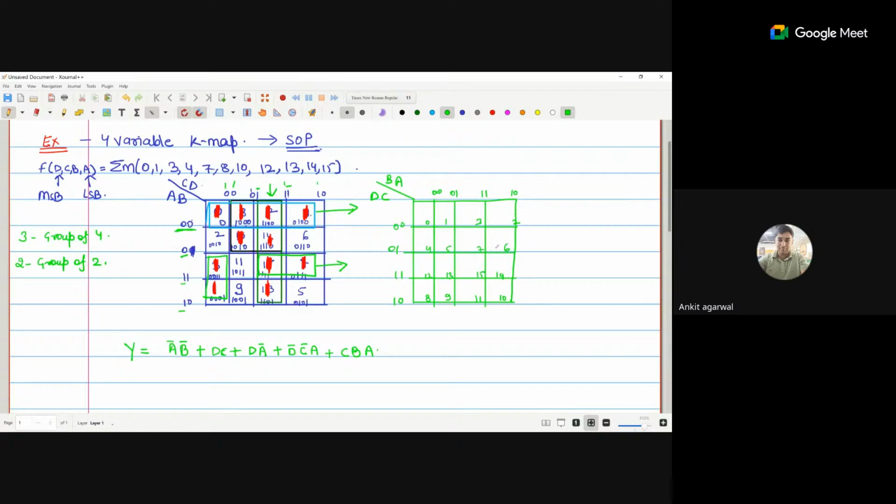Okay, if I want to create a particular term, so this one, 7, 8, 10, 12, 13, 14. Okay, so again the group is this one. One group is this one.